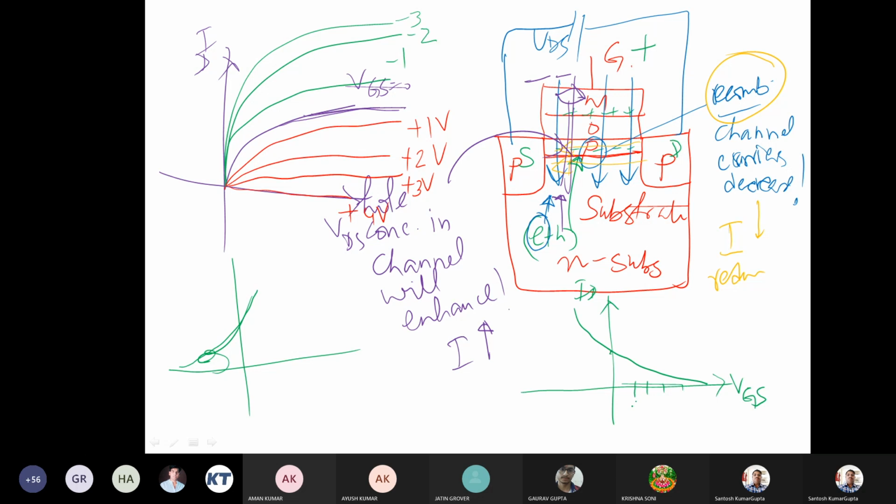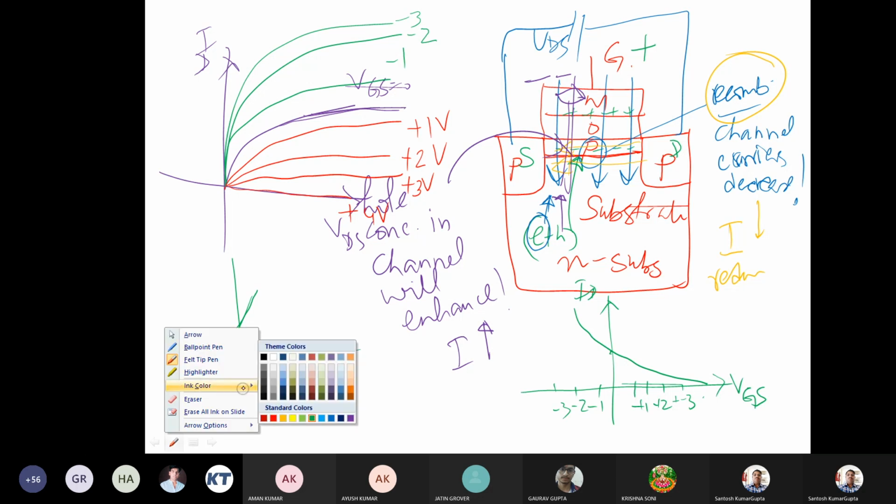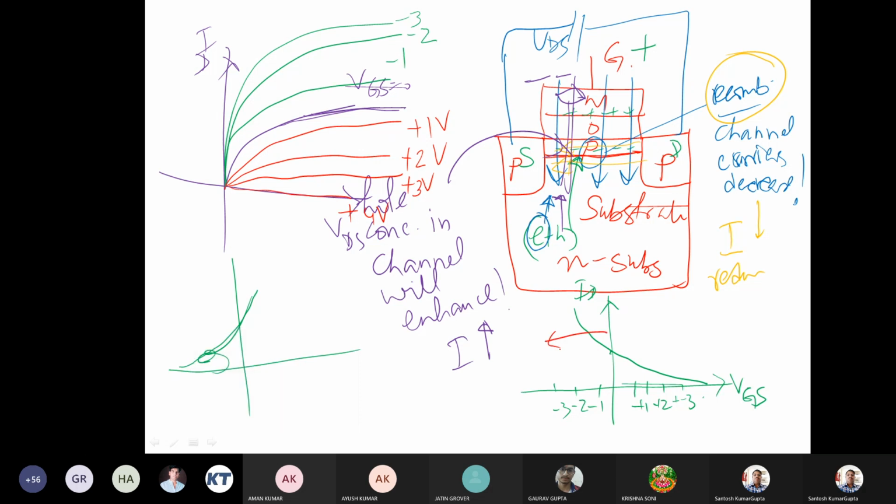So this is +1, +2, +3 here, and on this side -1, -2, -3. Just the reverse thing we can see here. This is enhancement of the channel, and here we have depletion of the channel. So these things we can see for the P channel MOSFET.